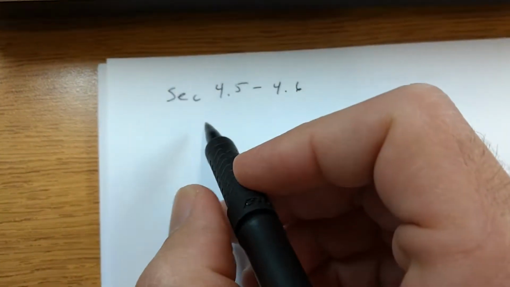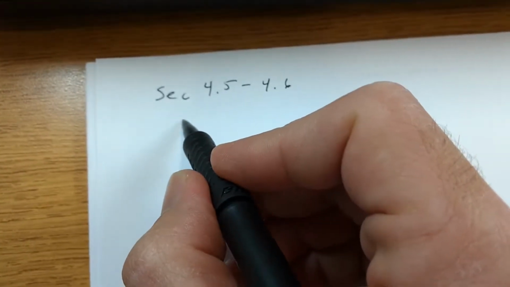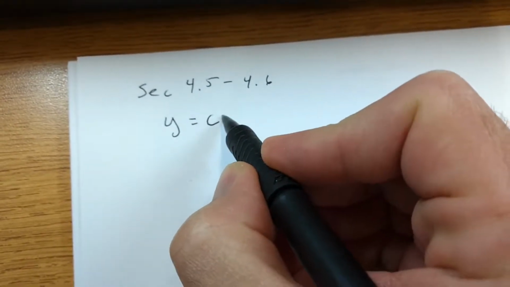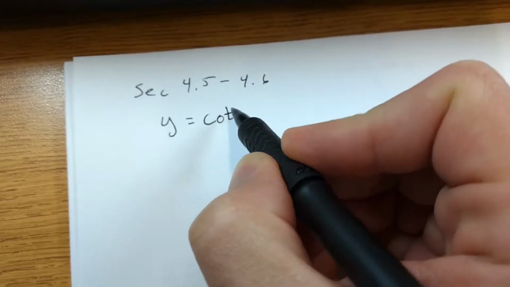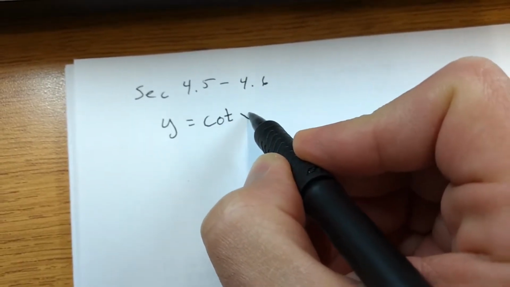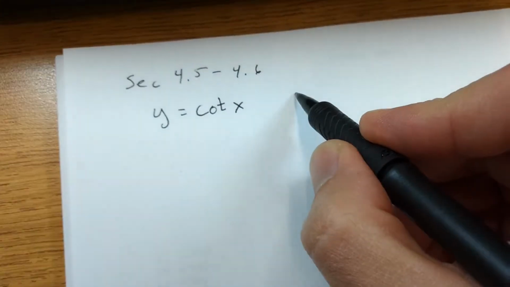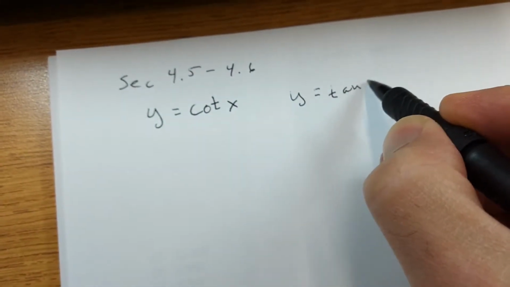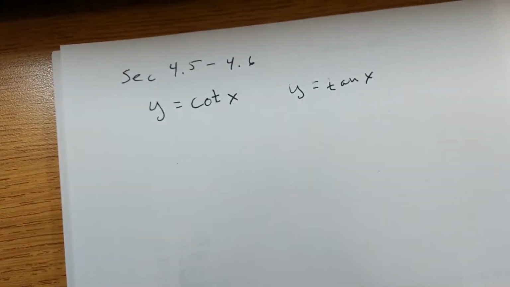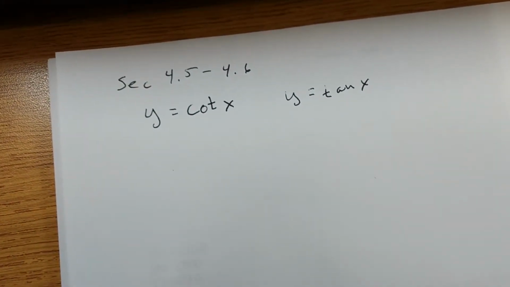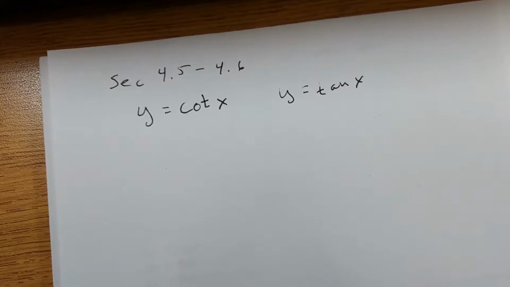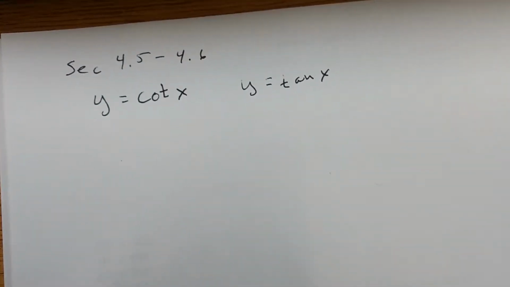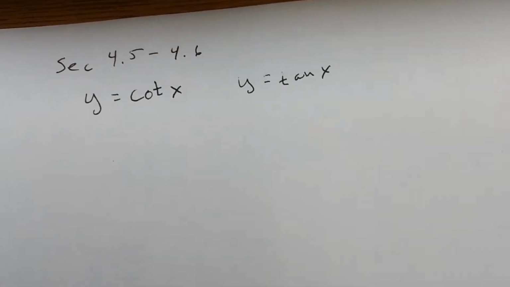Today I am going to attempt to show you how to graph y equals the cotangent function and y equals the tangent function. Similar to graphing the sine, the cosine, the secant, and the cosecant, we will need to account for our transformations.